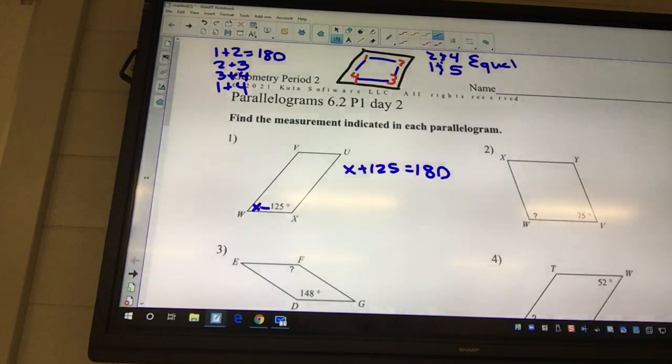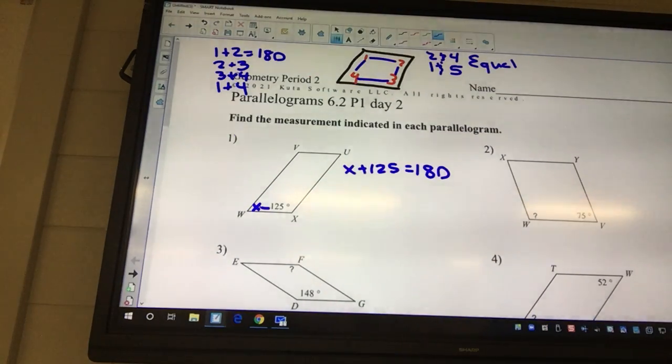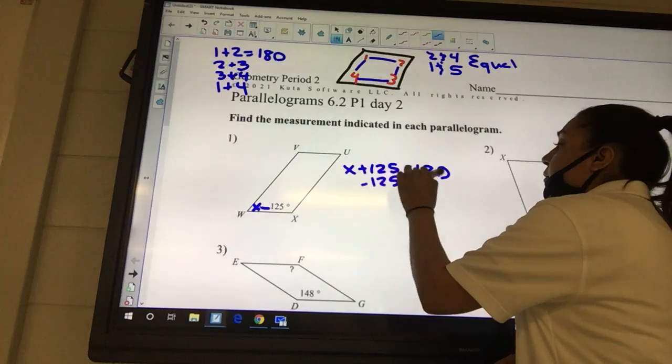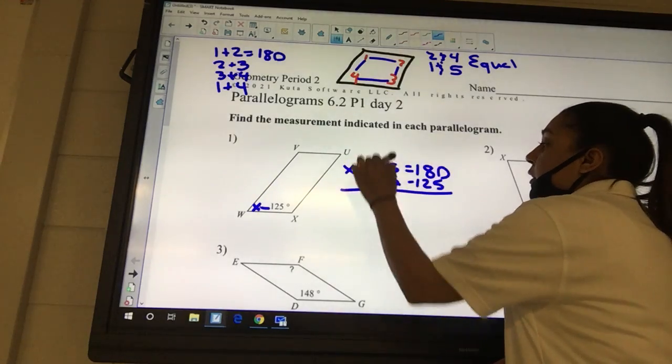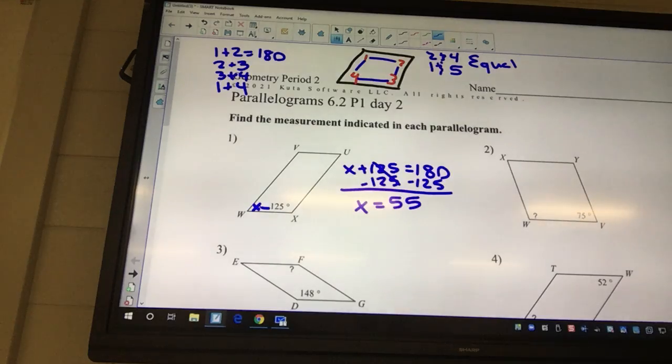What do you get? 55? I don't have my calculator. So X equals 55. Do we have to do long division? Nope, not on this one, because these are the easy ones where it's just numbers.